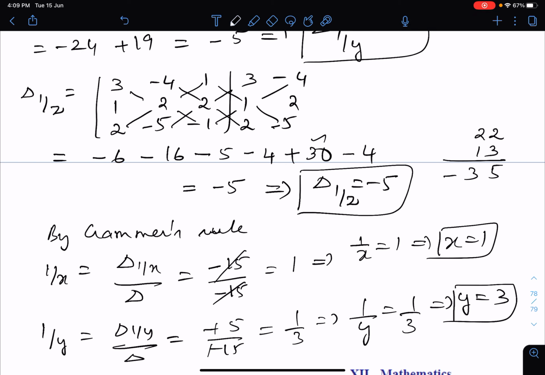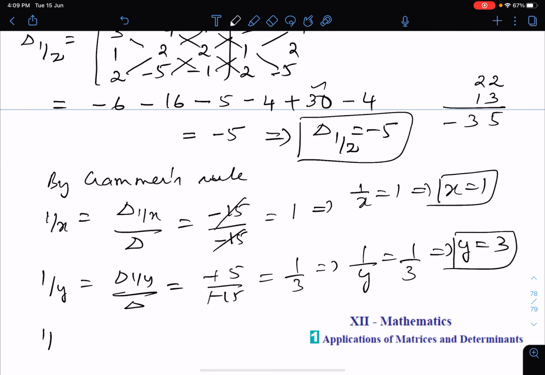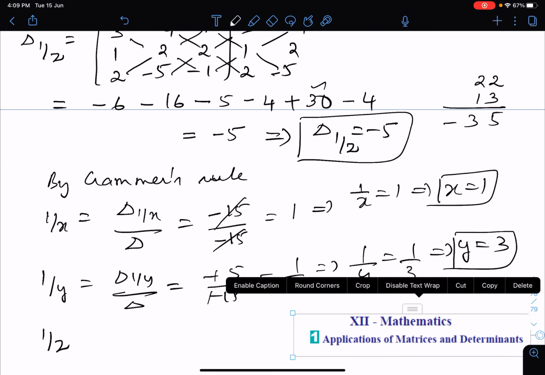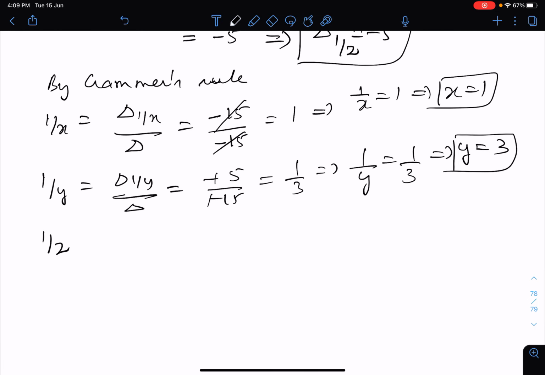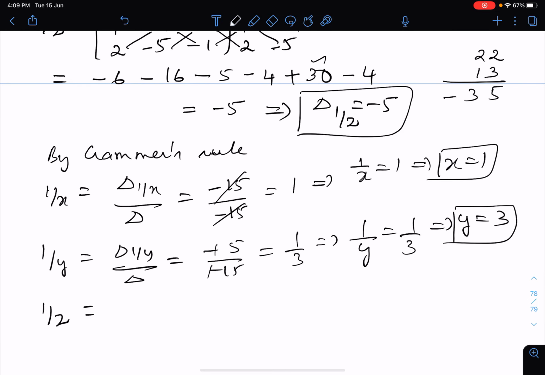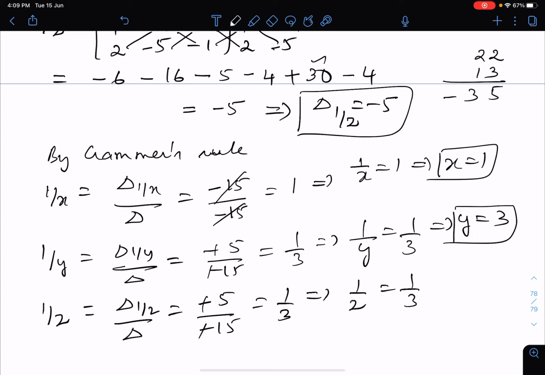Okay, then next similarly going for 1 by z, equal to del 1 by z by del, that is equal to minus 5 by minus 15. Again this gets cancelled, 1 by 3, which implies 1 by z equal to 1 by 3. Therefore our z equal to 3.